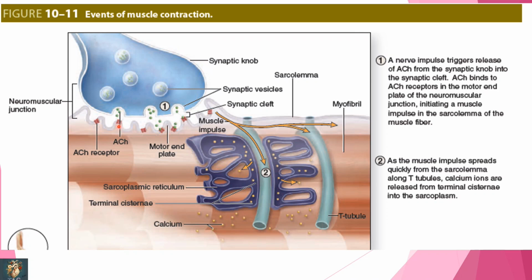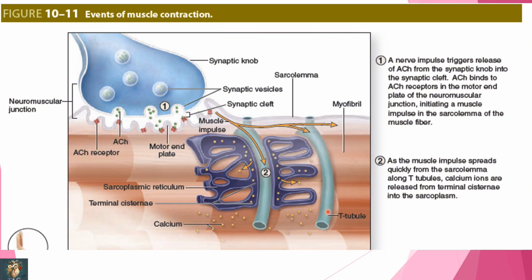This is the nerve ending, a nerve terminal, where many synaptic vesicles are present, and upon stimulation these synaptic vesicles release acetylcholine. There are many acetylcholine receptors in the muscle where this neuromuscular junction is present. The acetylcholine binds to these receptors, which activate the sarcolemma of the muscle.